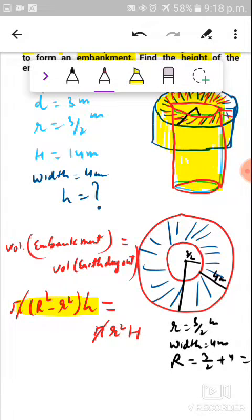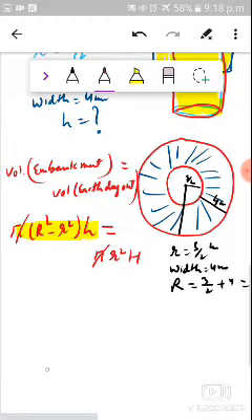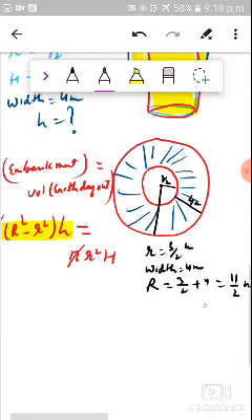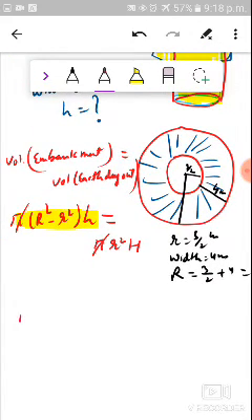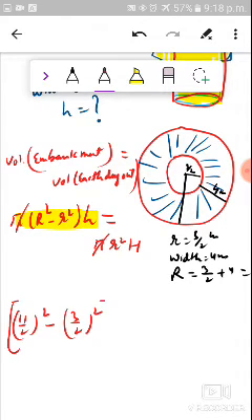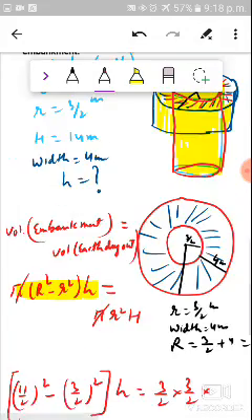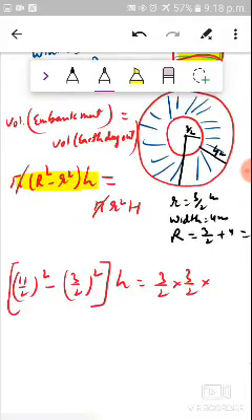So capital R is 11 by 2 whole square minus small r, that is 3 by 2 whole square, multiplied by h, the height of the embankment which we need to find, equals small r, that is 3 by 2 multiplied by 3 by 2 multiplied by capital H, the height of the cylinder, that is 14.